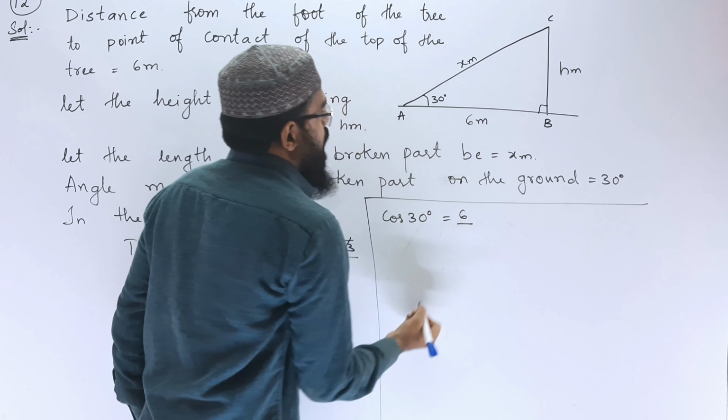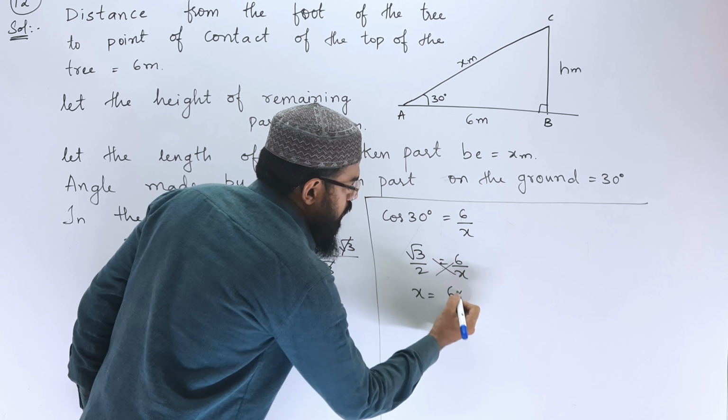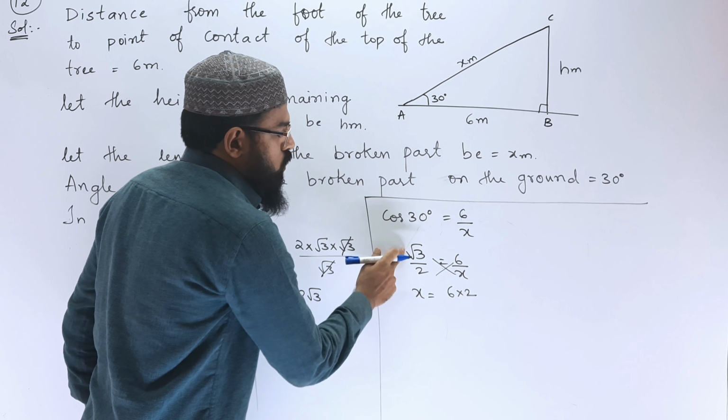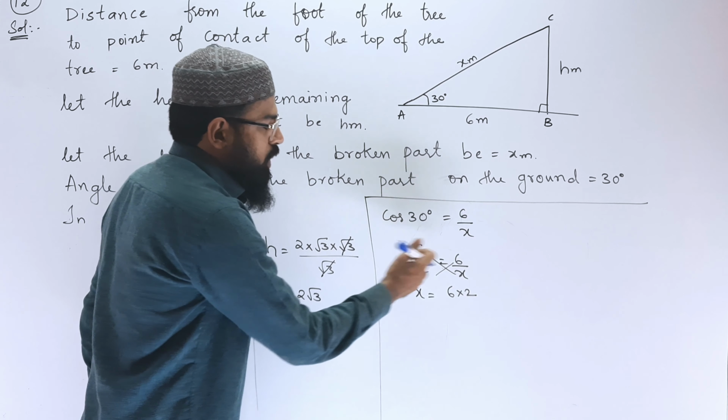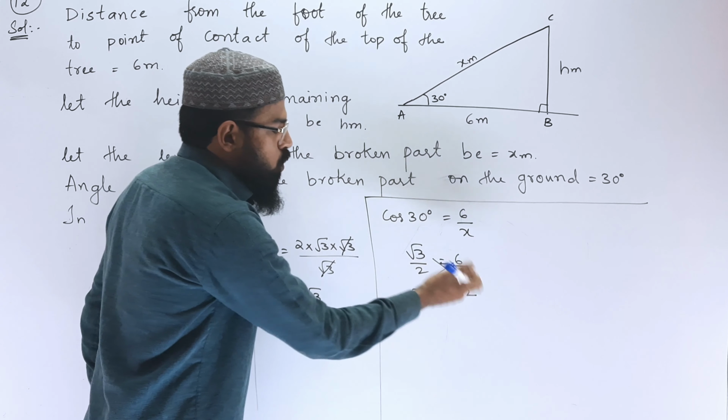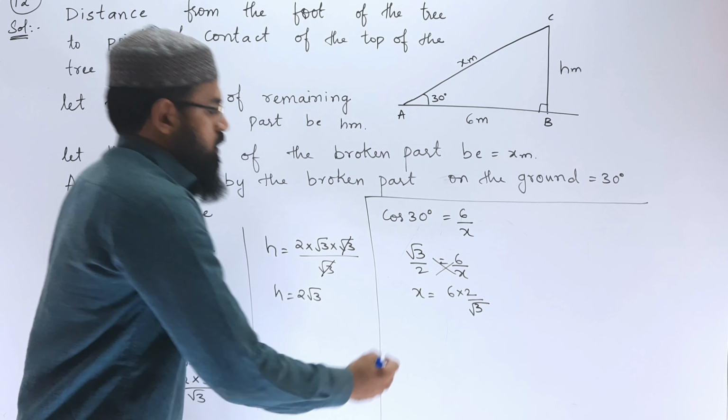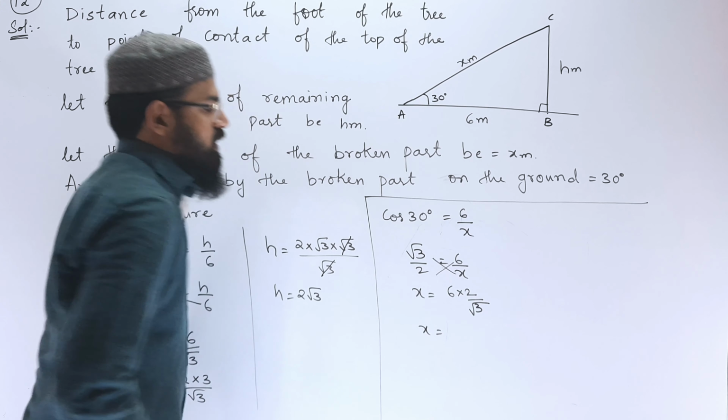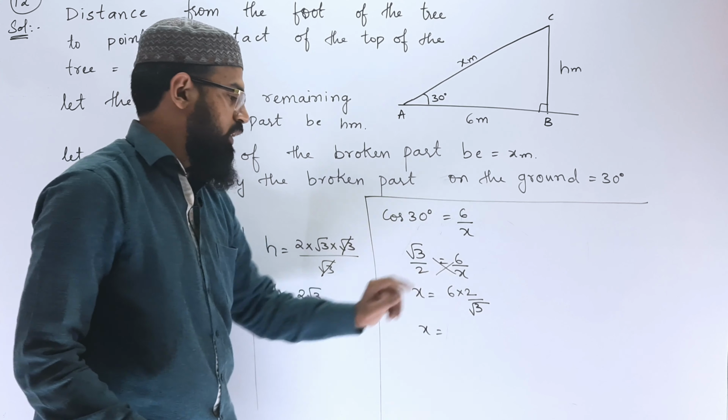Let us cross multiply this. x into root 3 is 6 into 2, so x is 6 into 2 by root 3. Again 6 can be written as 2 into 3.